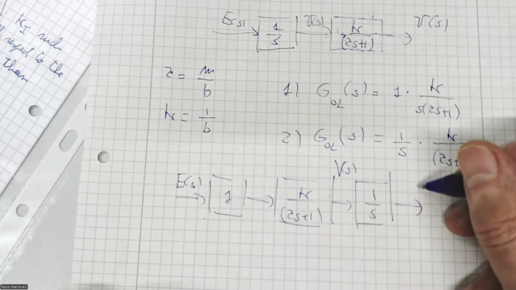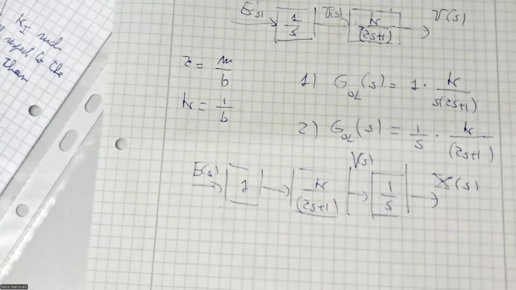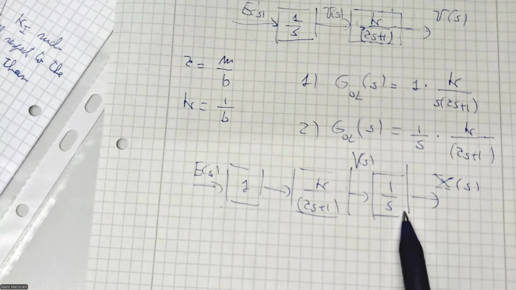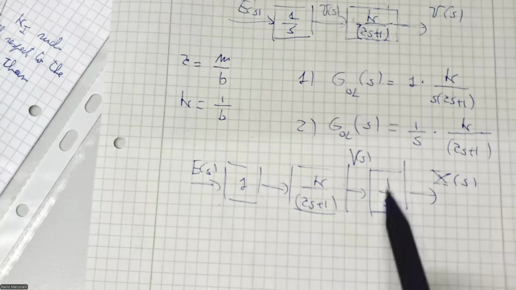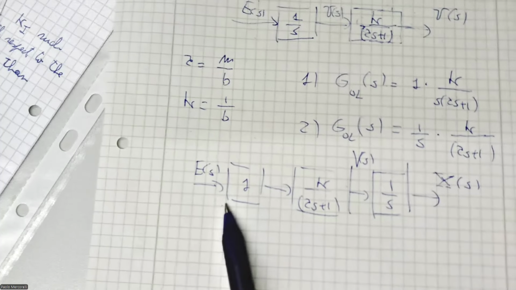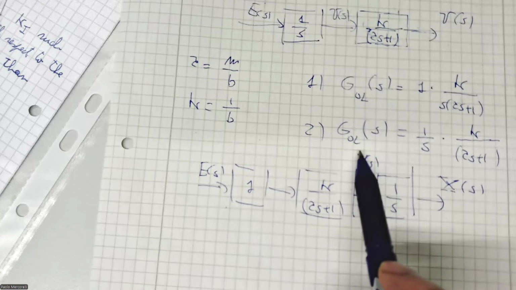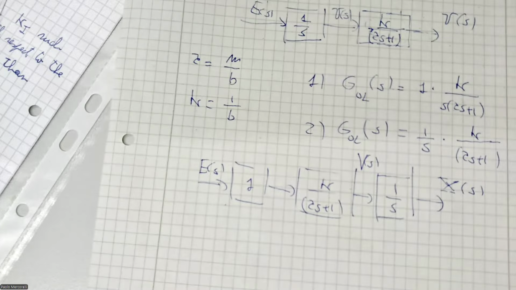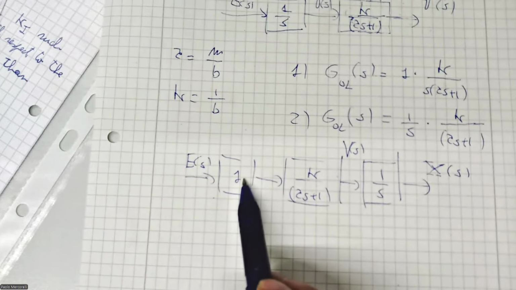Here we have the position. Conceptually, it doesn't matter if this 1 divided by S is here or in the controller, but it must be there in order to have the same GOL. Just with the same GOL and the same specification, we have the same GC of S.